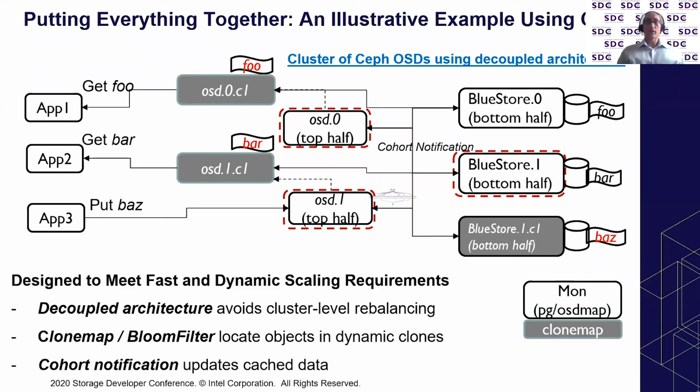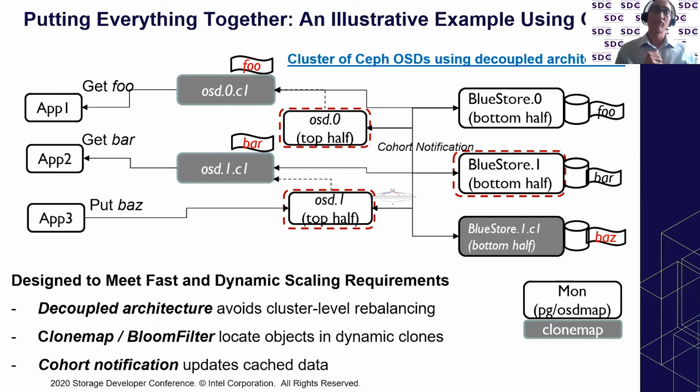Okay, so essentially, we think by doing this decoupling, we can clone top or bottom half while avoiding a cluster level rebalance. We described how with clone maps for the top half and a Bloom filter and round robin lookup for the bottom half, we can locate where the objects actually are if they are present in one of these dynamic clones that come and go.